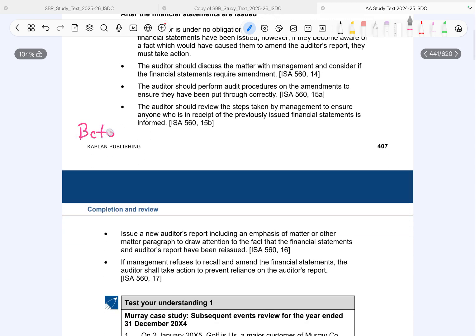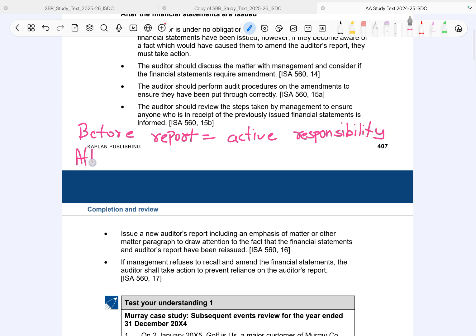Before the report, you have an active responsibility. After the report, you act only if something comes up.